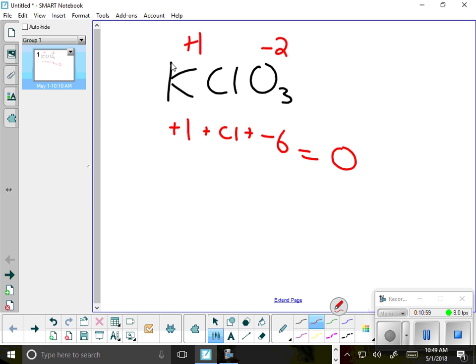So I multiply -2 times 3 to get to the -6 part. Are we okay with that? Combining all the oxidation numbers of something that is neutral should give me 0 overall. So now, a little bit of algebra. What must be the oxidation number of chlorine in order to get that to balance out? +5.